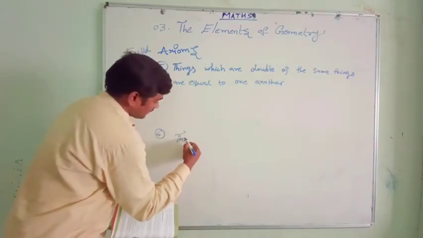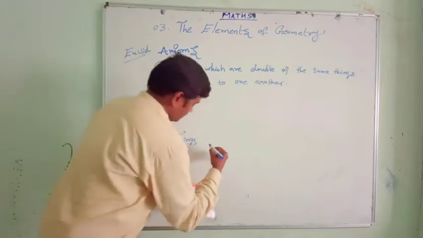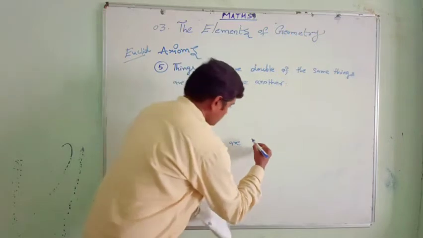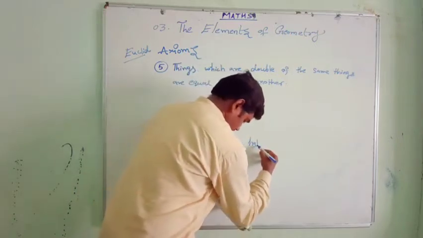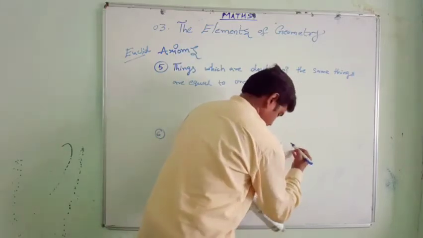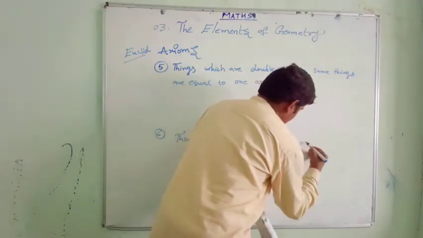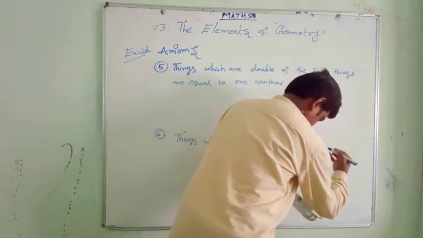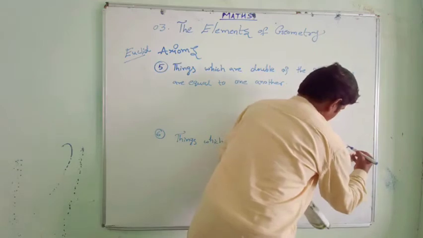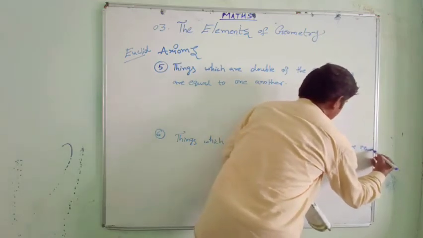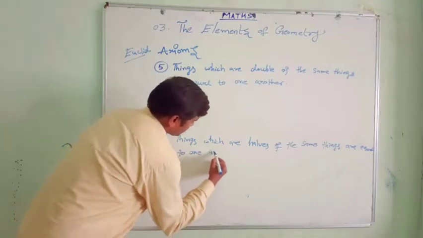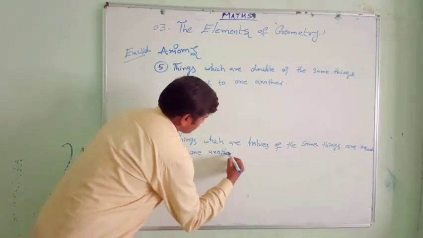Things which are half of the same things are equal to one another.